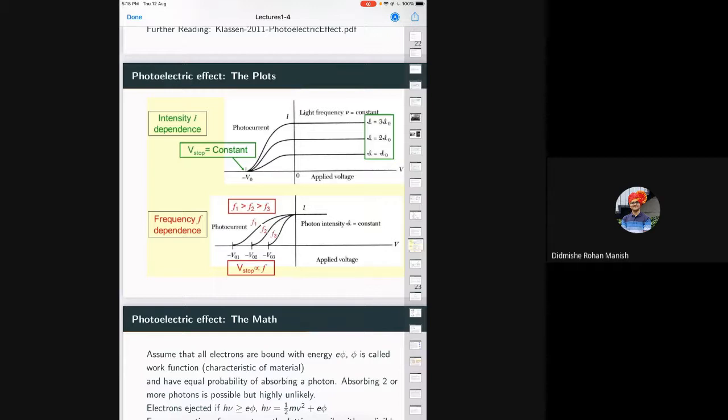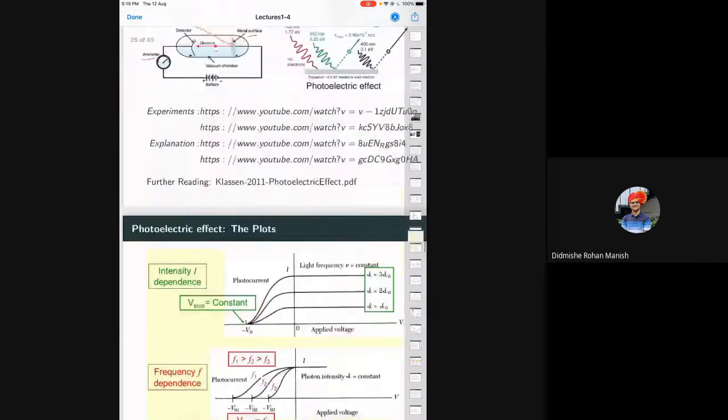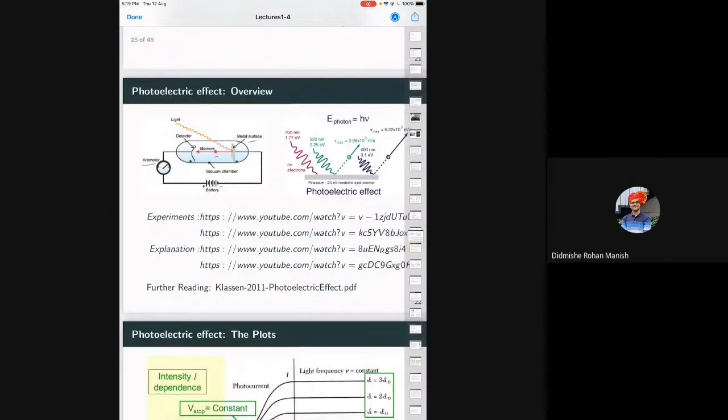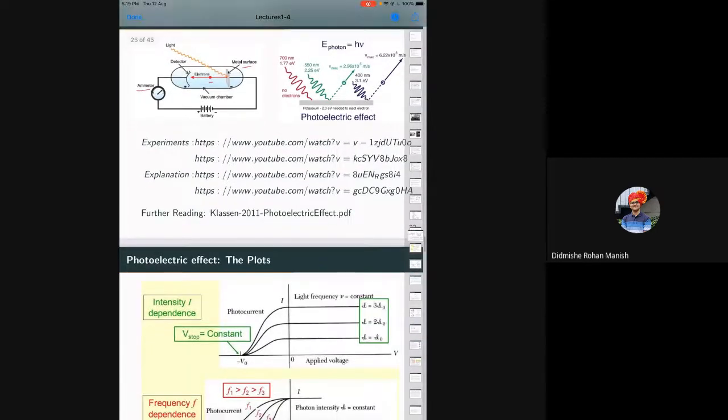So you are basically shining more and more light on the metal surface, and you are measuring the current against the voltage applied. Like we spoke about the battery, there is a voltage applied here which we can change, right? This is a battery, and I am plotting the current in the circuit against this voltage.